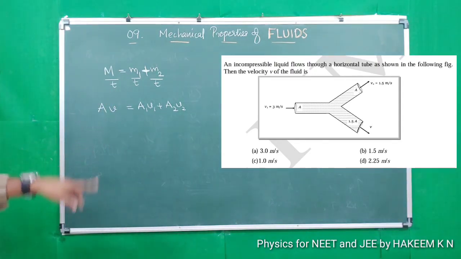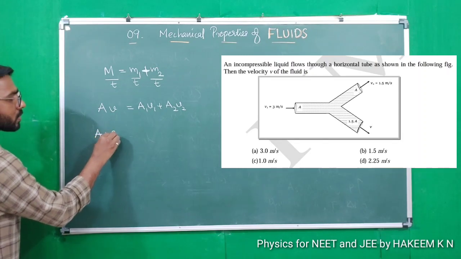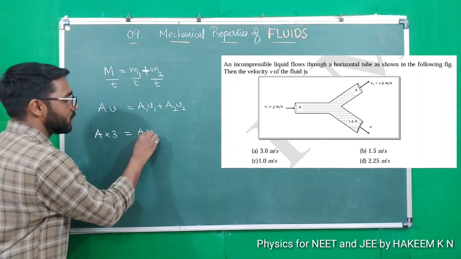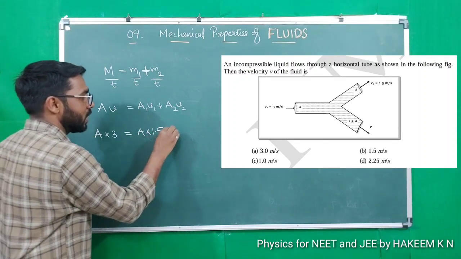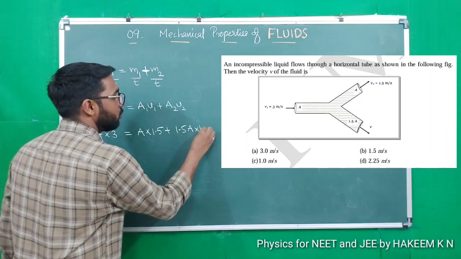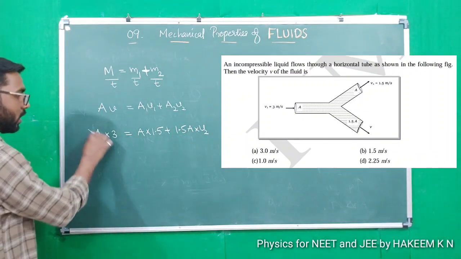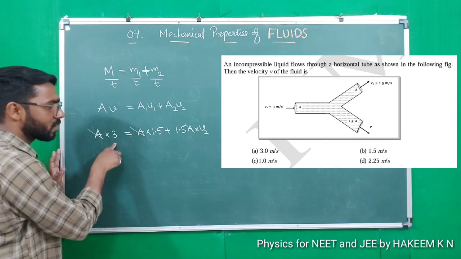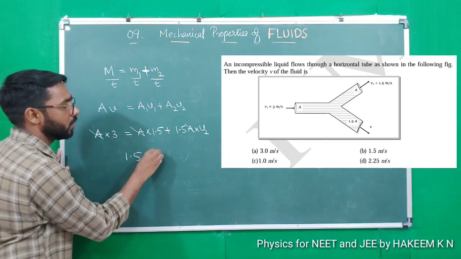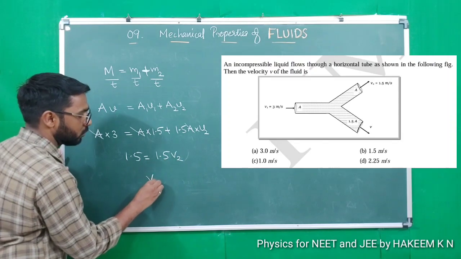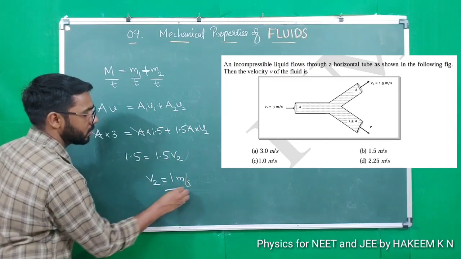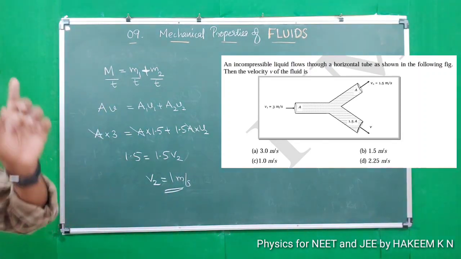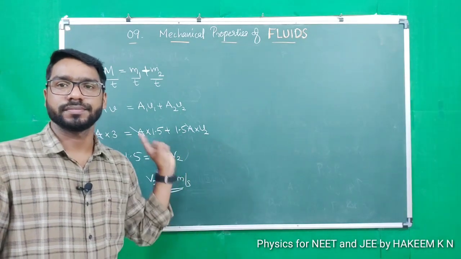Initial area of cross section is A, velocity is 3 meters per second, equal to A times 1.5 meters per second, plus A2 which is 1.5 A, and V2 we have to calculate. So A is cancelled: 3 equals 1.5 plus 1.5 V2. 3 minus 1.5 is 1.5, so 1.5 equals 1.5 V2. So V2 equals 1 meter per second. So option C is the right answer.